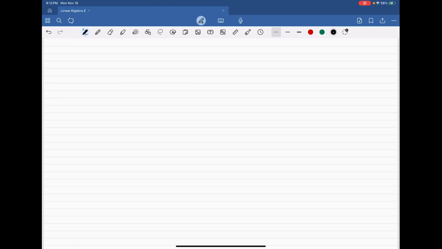Now, let us go for a question. Find the suitable function for the given graph. Here, the graph is given.